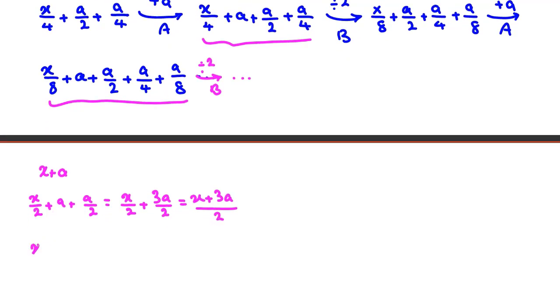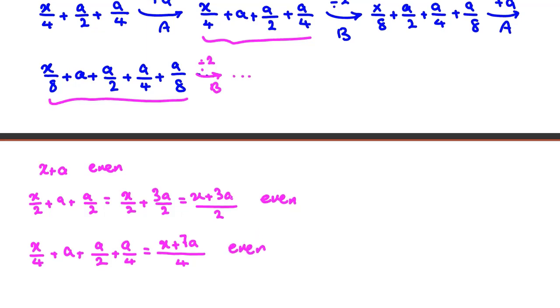Next step, X over 4 plus A over 2 plus A over 4. It should be even, and if you factor out 4, 4A plus 2A, 6A, plus A, 7A, X plus 7A is even. This number is even.